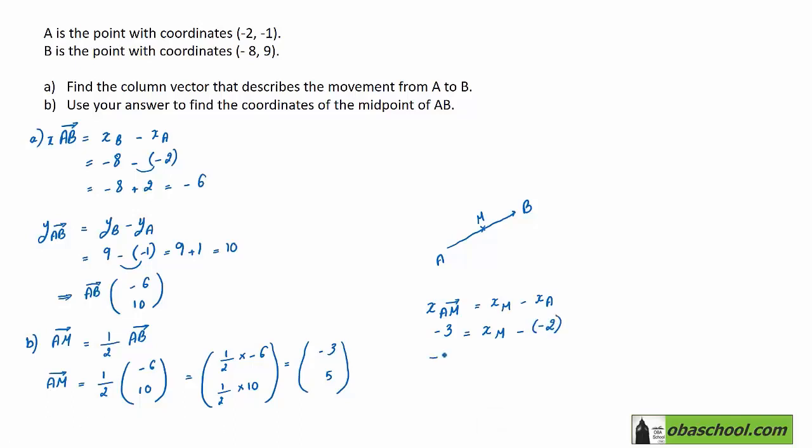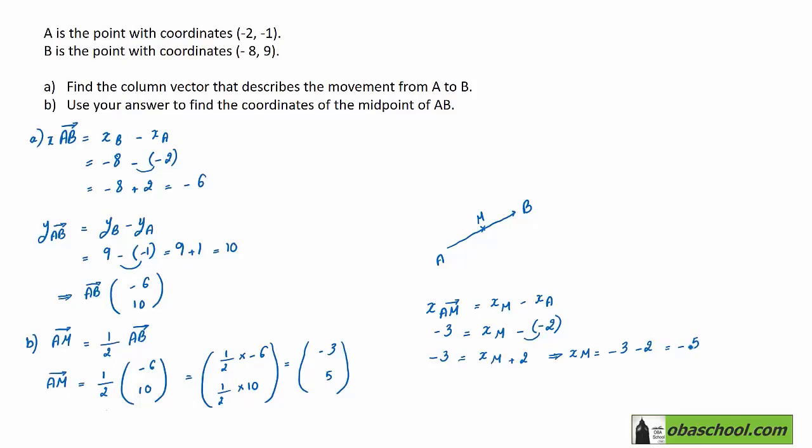So -3 is equal to x of M, minus times minus is plus 2. Now isolate the x of M, our variable, so that would be x of M equal to -3 and -2, since we're subtracting 2 from both sides of the equal, and that would be -5.